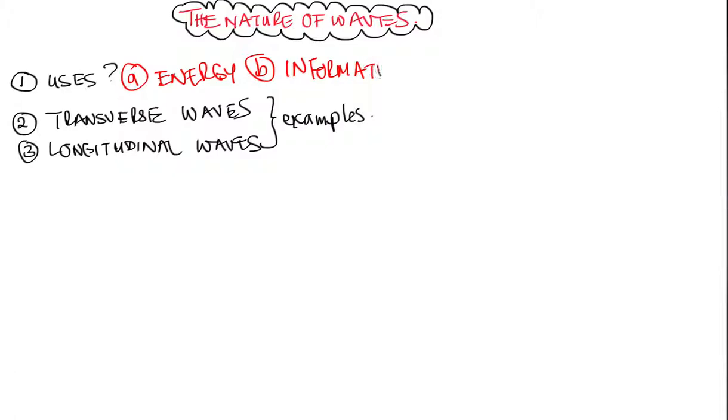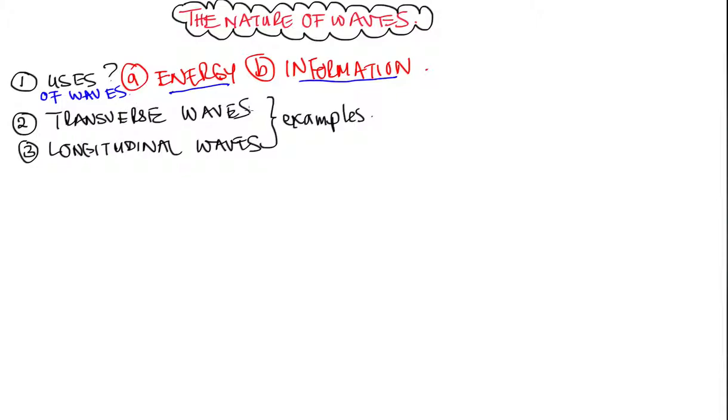So basically information and energy are the two items which are transferred by waves. Okay, so these are the uses of waves. They are primarily for those two items.